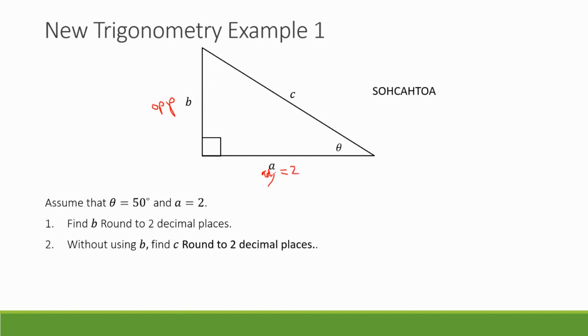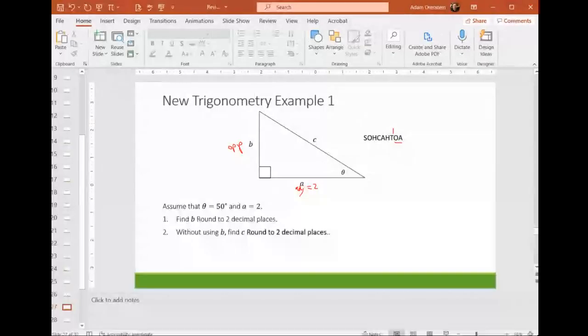So we would have to use tangent. Once we find C, we would have the adjacent and the hypotenuse, so to get C we would have to use cosine. I think we're out of time now, so we're going to have to stop here.